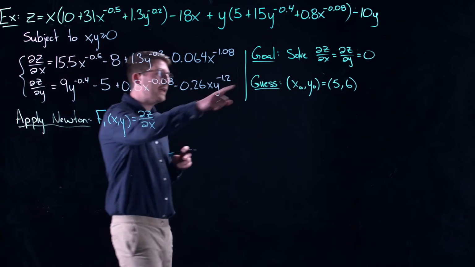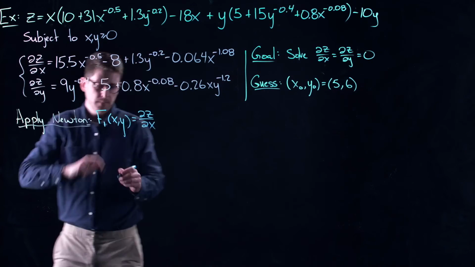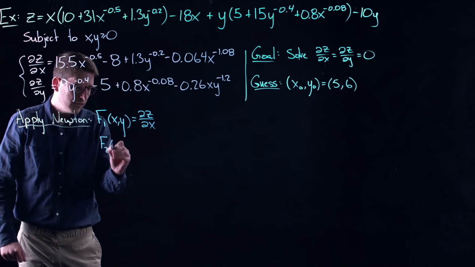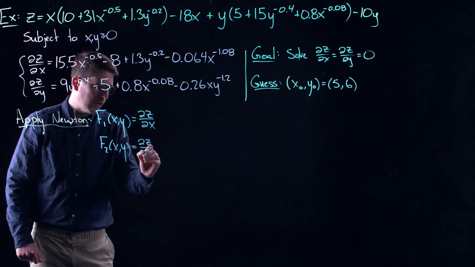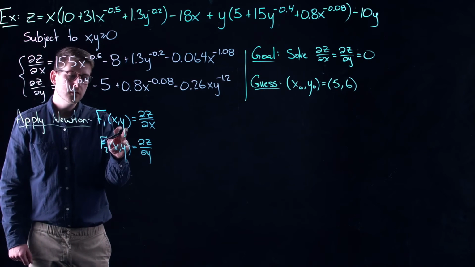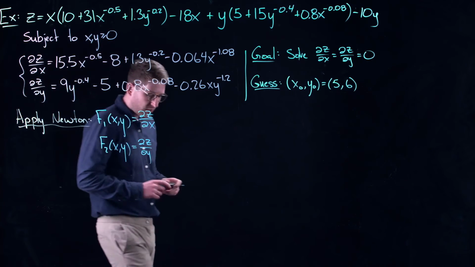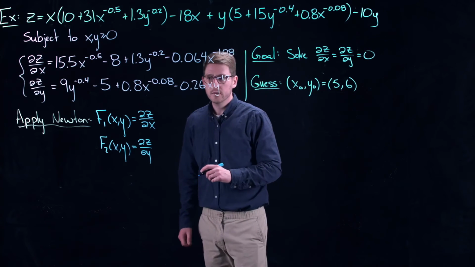Remember, it's the gradient that I want to set equal to 0. So that's the first function. And the second one is the gradient of z with respect to y. 2 functions, 2 unknowns. That's good. That checks off everything for applying Newton's method.